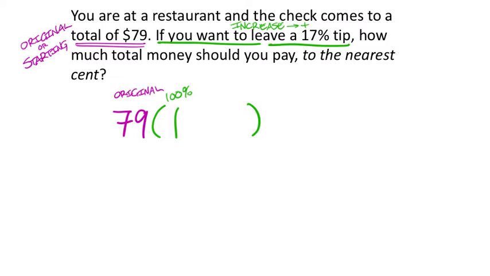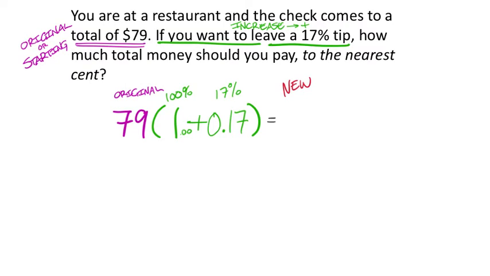But since it's increasing, we're going to add 17%, but we're going to have to show this as a decimal, so 0.17. So the 1 right here is representative of 100%. It's just 100% as a decimal. So if you wanted to, you could show it as 1.00. And then this will equal the new value, which we don't know yet, but that's what we're going to find.